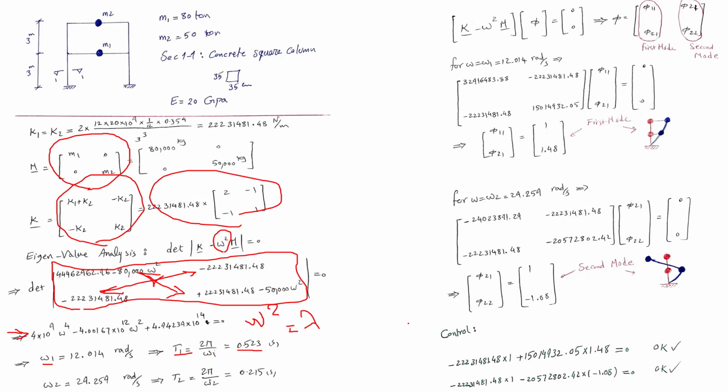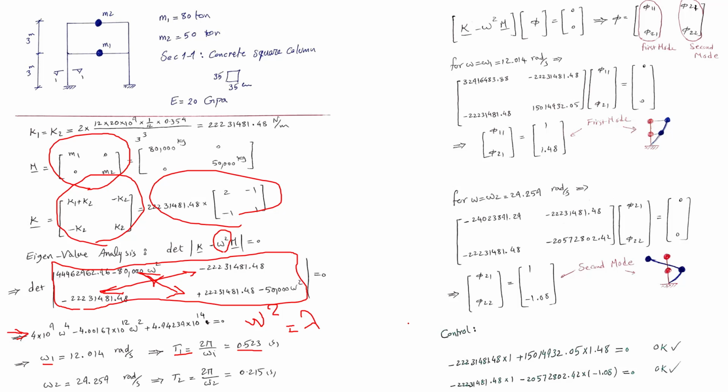Simply, you can calculate T1 equal to 0.523, and T2 will be 0.215 seconds, and T1 is called the first period of vibration, and T2 is the second period of vibration. These two, T1 and T2, are called eigenvalues of this problem.